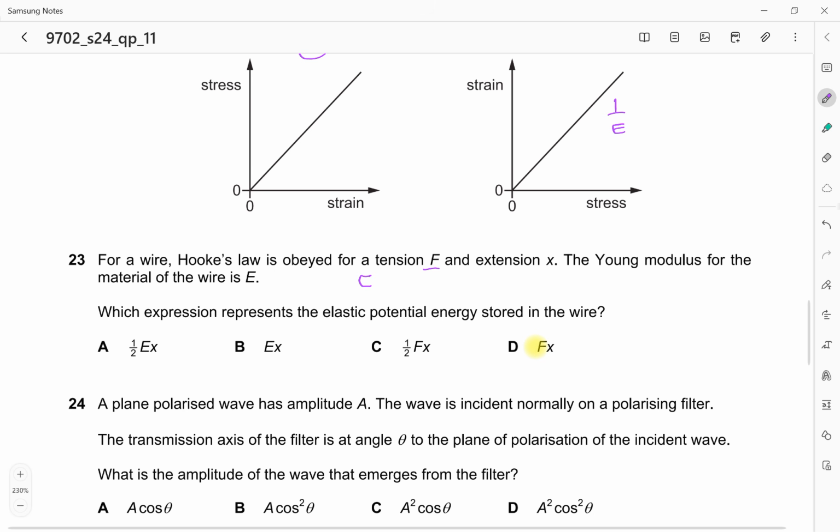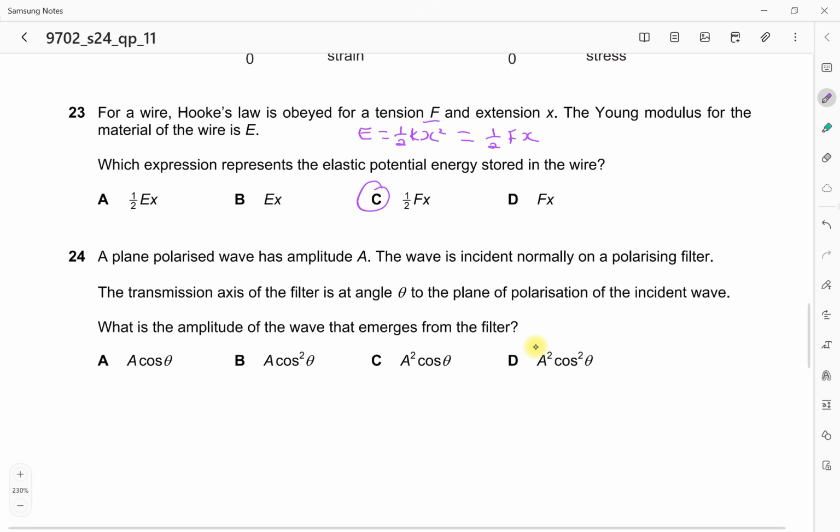We know that elastic potential energy is given by a half K x squared, or a half F times X. So I think the answer is C without even calculation.